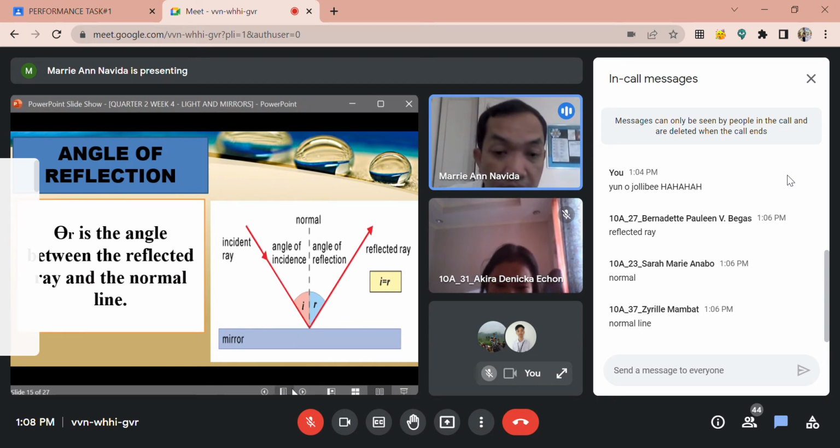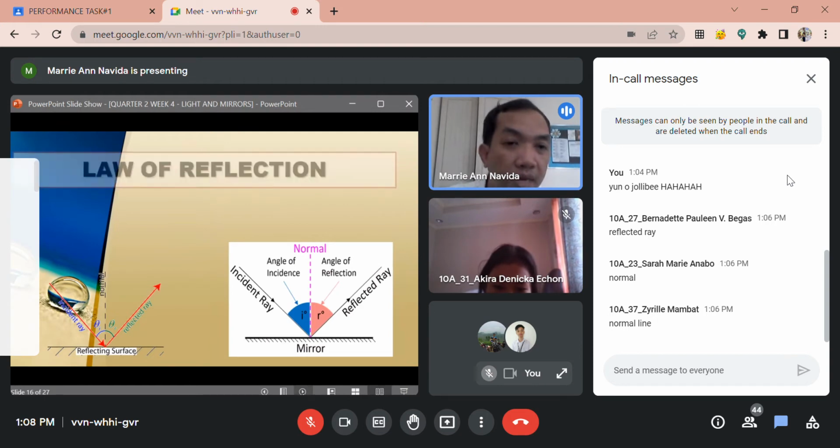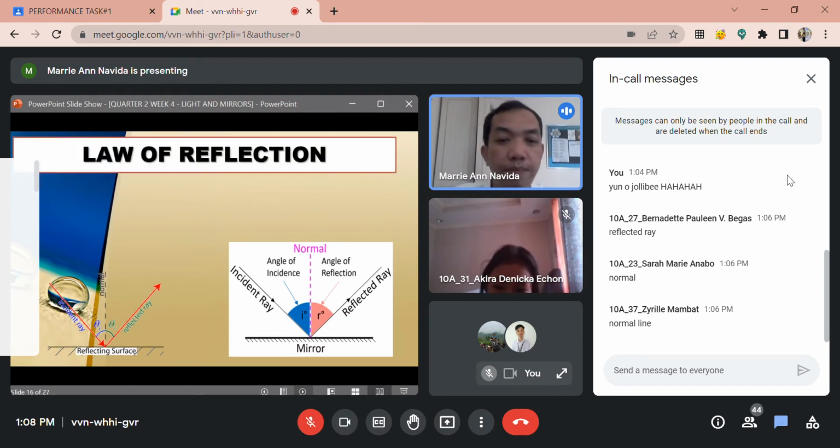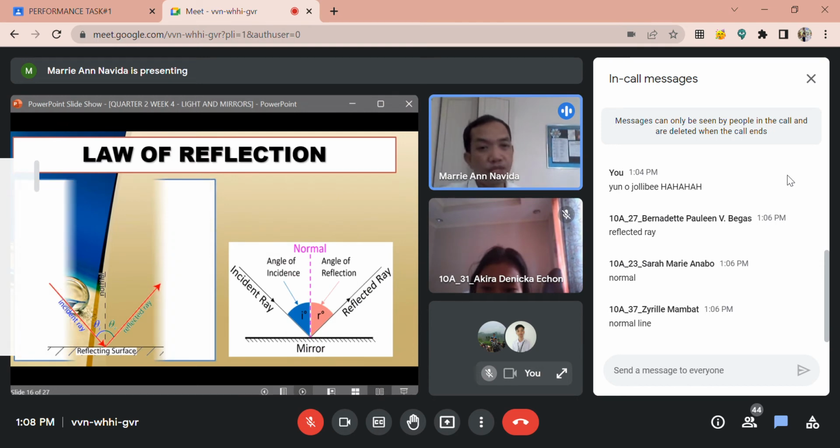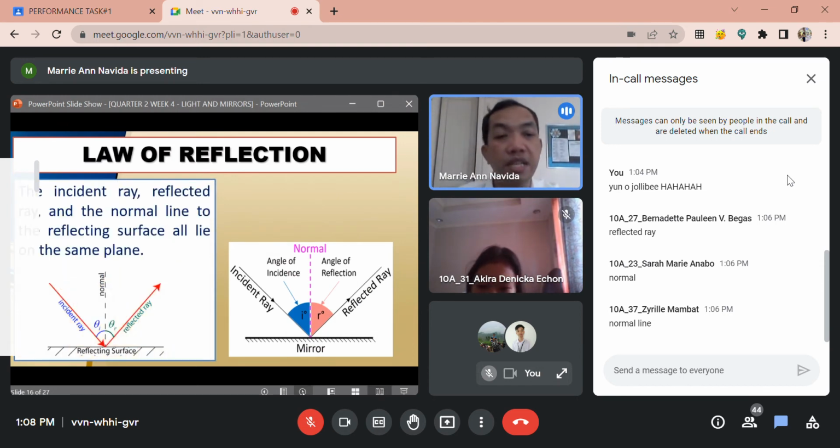Now let's go on. What about the law of reflection? The law of reflection states that the incident ray, the reflected ray, and the normal line to the reflecting surface all lie on the same plane. Meaning, this incident ray, this reflected ray, and the normal line are on the same plane.